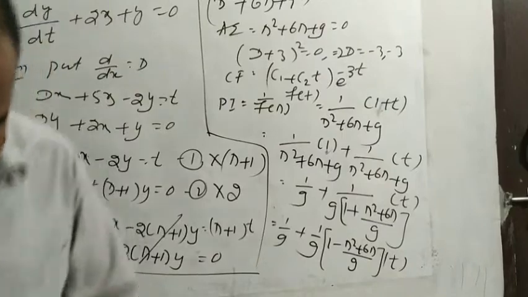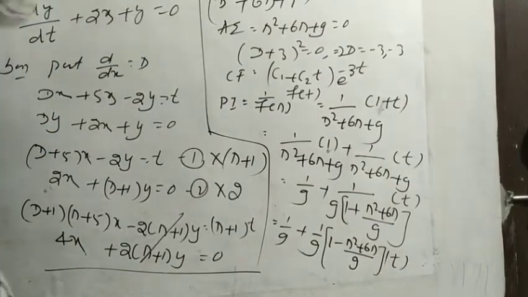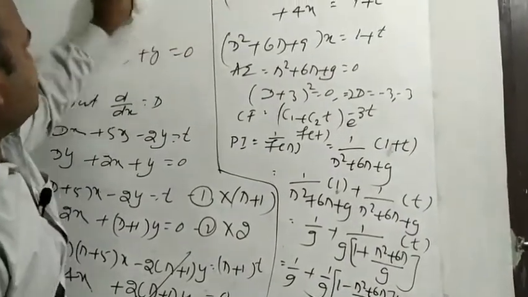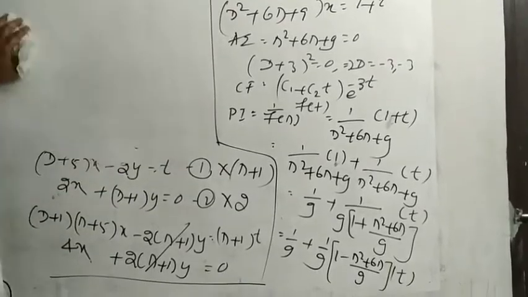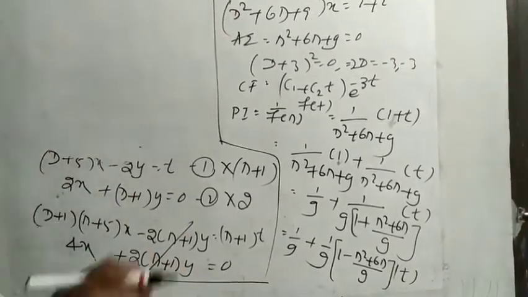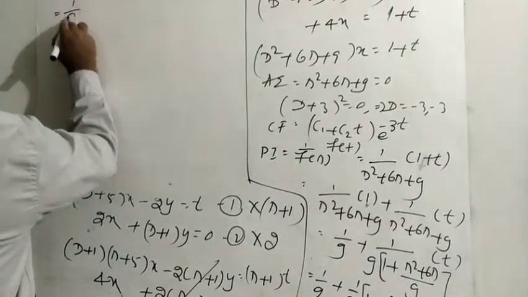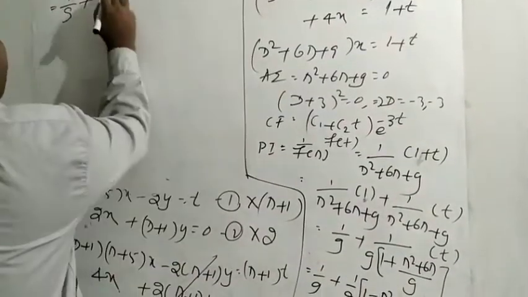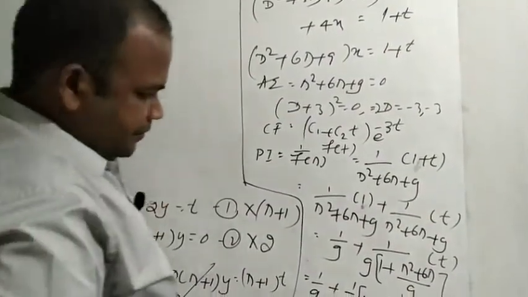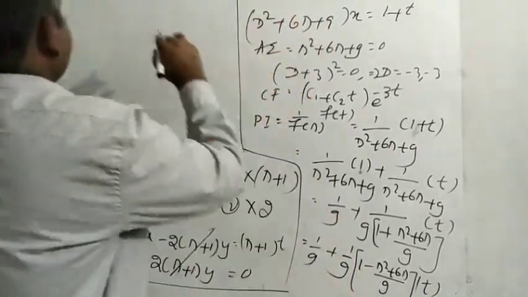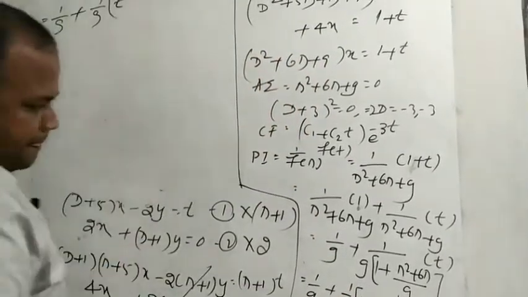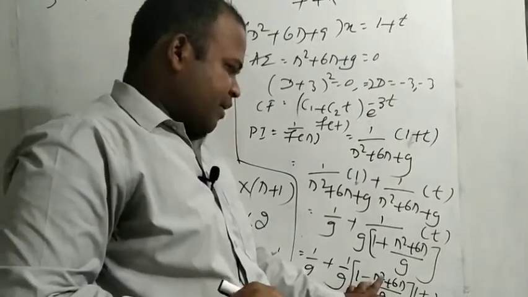So now this is 1 upon 9 plus 1 upon 9 t into 1, which is t, and this is the double derivative of D squared.